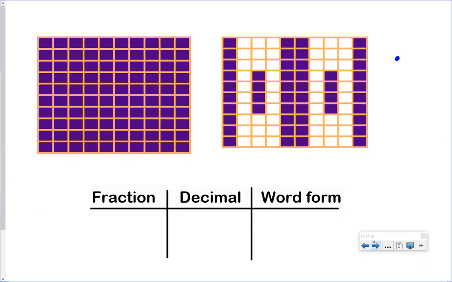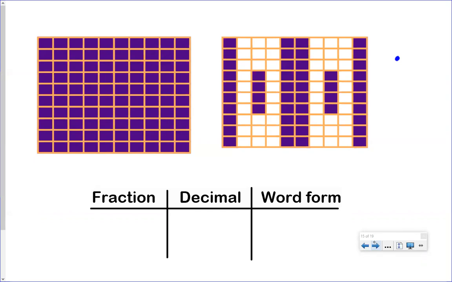So first thing I would do is I would look at my grids and see how many entire grids are shaded. What should my whole number be with this picture? How many whole grids are shaded? Guys, you got 2 eyeballs on these right there. Samuel, how many whole grids are shaded? First of all, answer this. How many grids do you see? 2, right? How many of them are completely filled in?